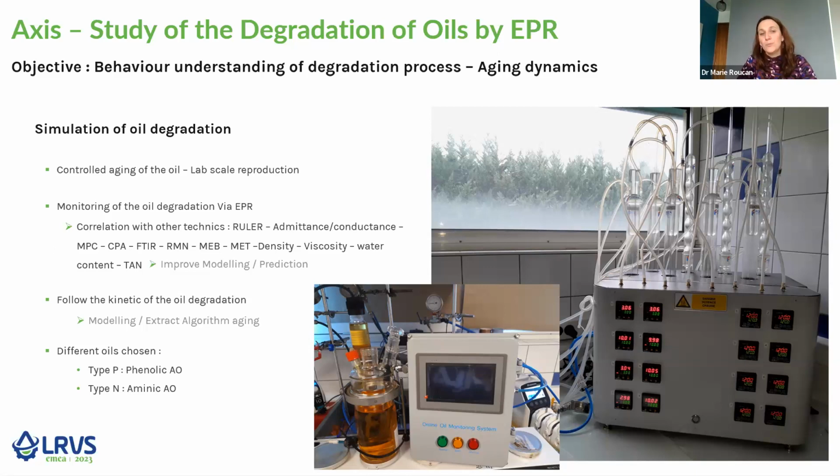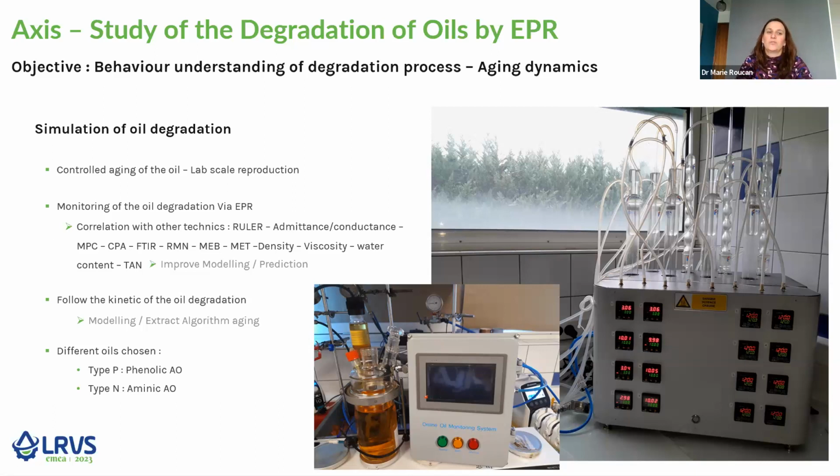This helps us to improve the modeling and the prediction we can do about the oil degradation. We can follow the kinetics of the oil degradation as well. That's what we did. I'm going to show you some results. This is going to help us to extract some aging algorithm to try to predict the aging and, for example, the degradation step of the oil.